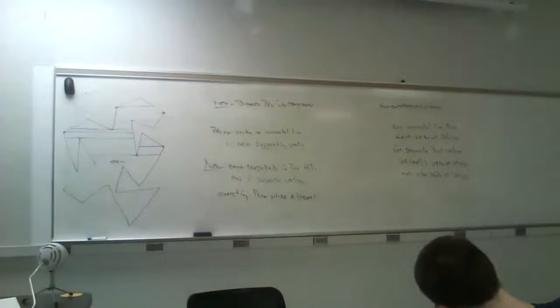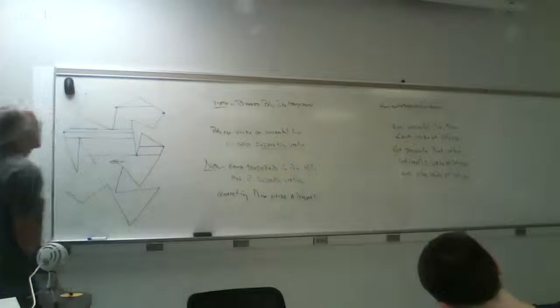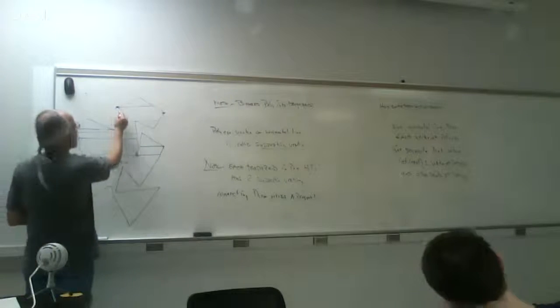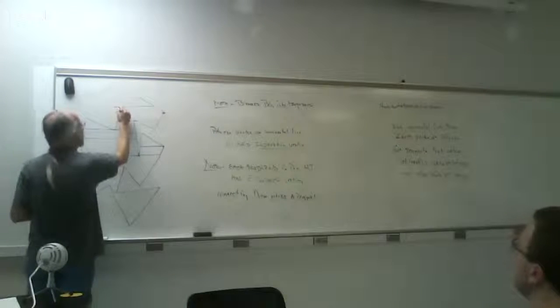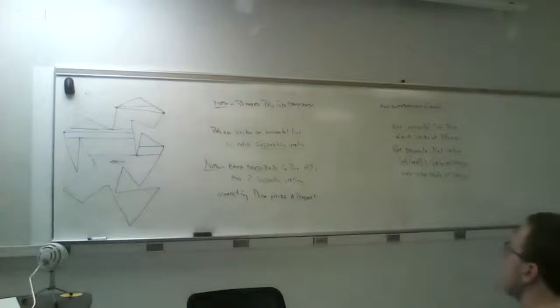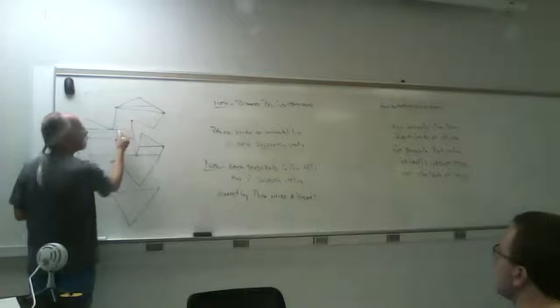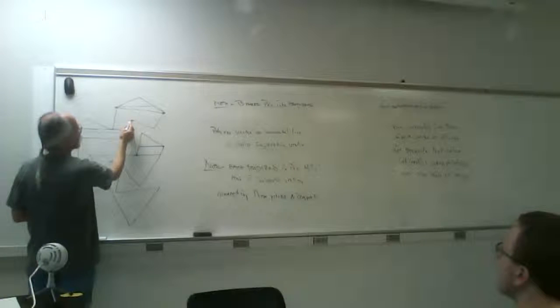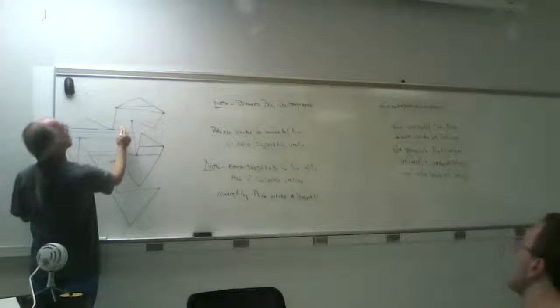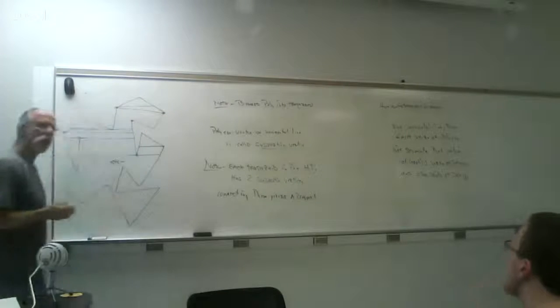Better yet, that diagonal, it's a diagonal here. So in fact, I get a triangle. I've triangulated that chunk. If I do that again, this is one of those non-normal vertices. But if I do that again, I've triangulated that part.